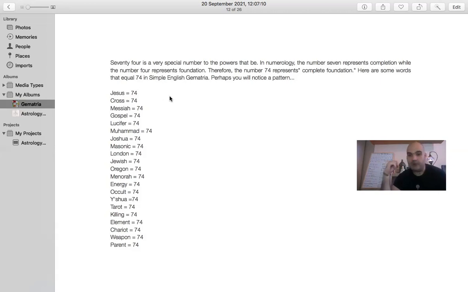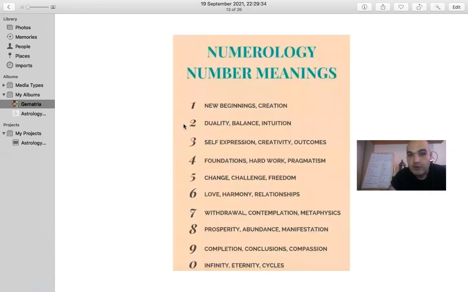I've got a few on my board that equal 74 as well, which is interesting. But yeah, 74 reduces to the number 2, which is about balance and duality, ultimately.